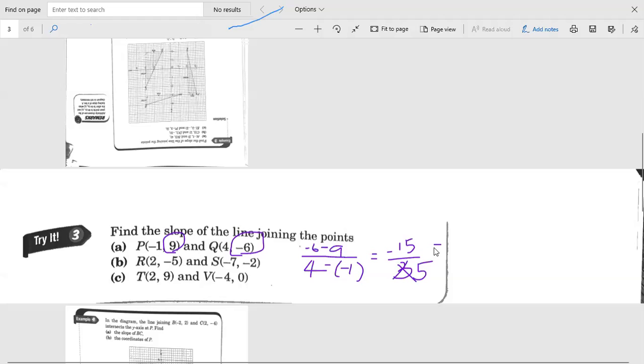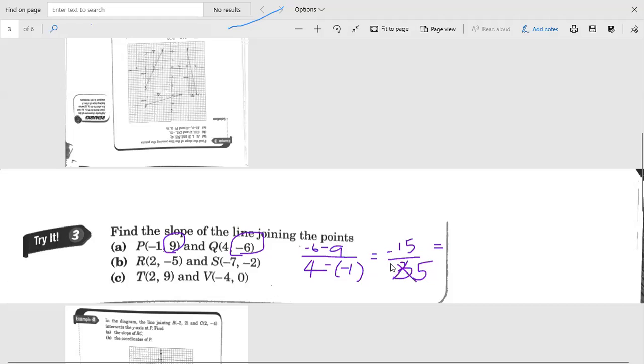All right, so we're gonna simplify it. Yvonne, can you tell us how we're gonna simplify this one? Hudson, can you tell us how you simplify this?